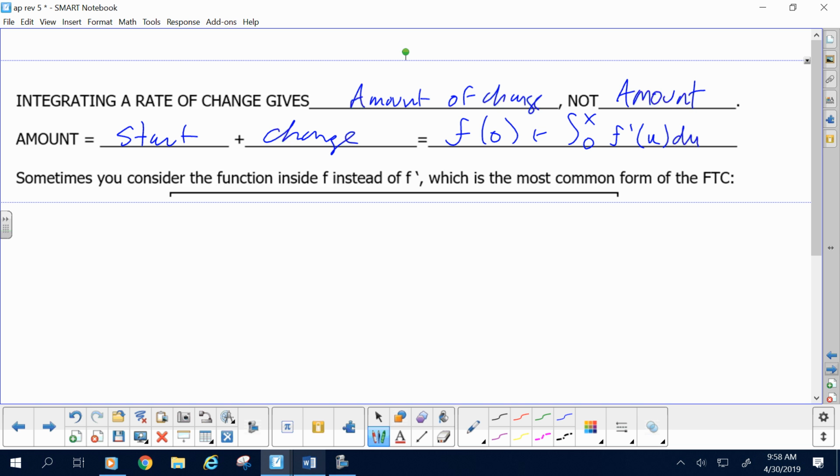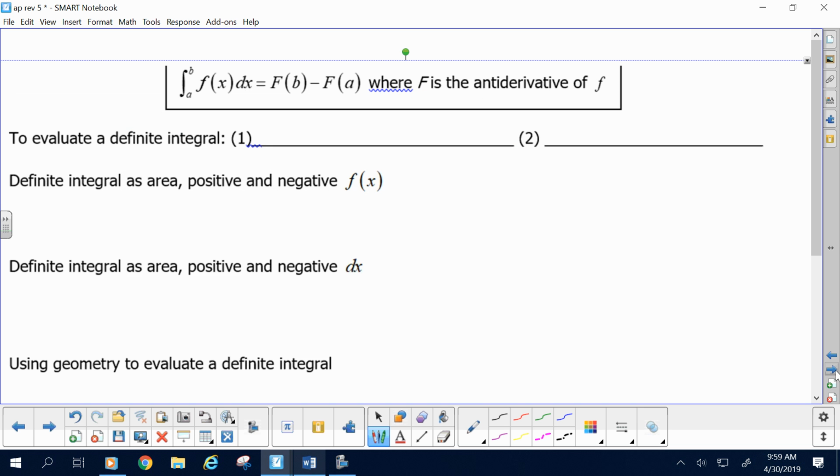Sometimes, however, rather than see the derivative in the integral, they actually write it this way. They would say if you let this be the function, well, you still would need to find the antiderivative of that, so we call that capital F. And this is the more common form of the fundamental theorem. But at the end of the day, you definitely need to understand that if you get a definite integral, it's a two-step process. How do you evaluate a definite integral?